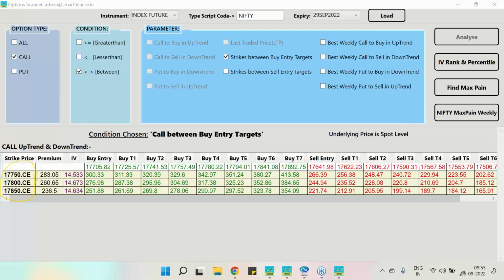Only these 3 strikes are recommended. Why these 3 strikes? All these 3 strikes have a consistent IV, small deviation in IV, and these 3 strikes will experience lesser theta decay.